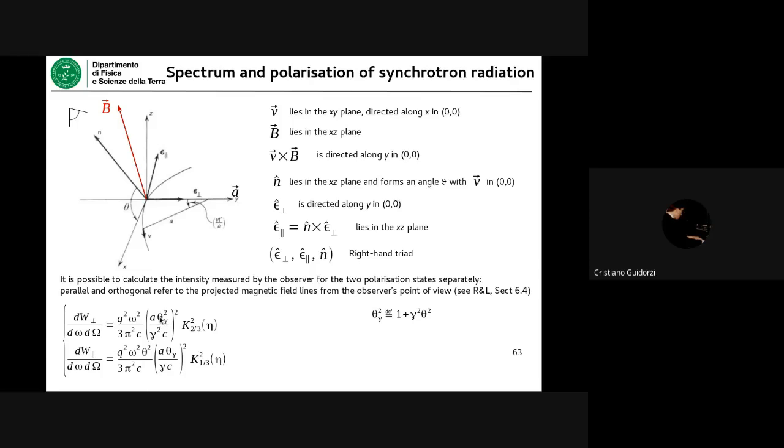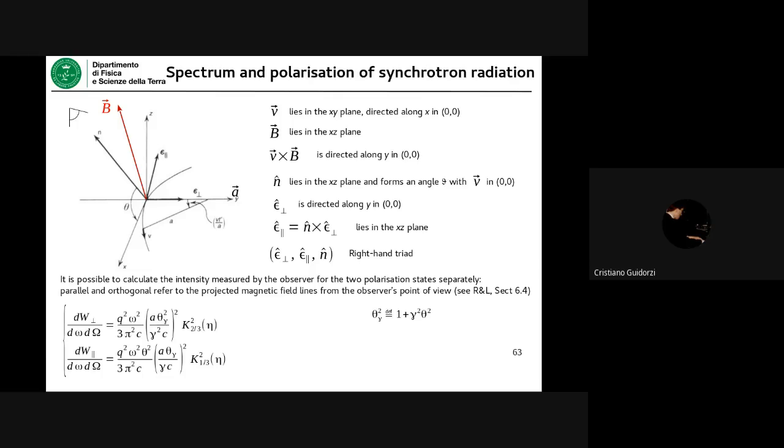So in particular, there's a quantity which is theta gamma. Theta gamma is just something which encodes the dependence on theta, for electrons with a fixed Lorentz factor.